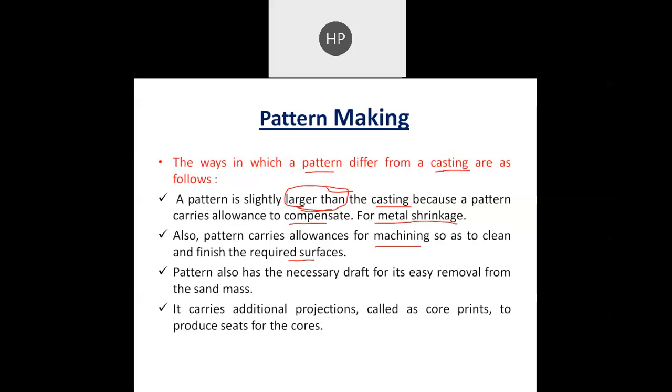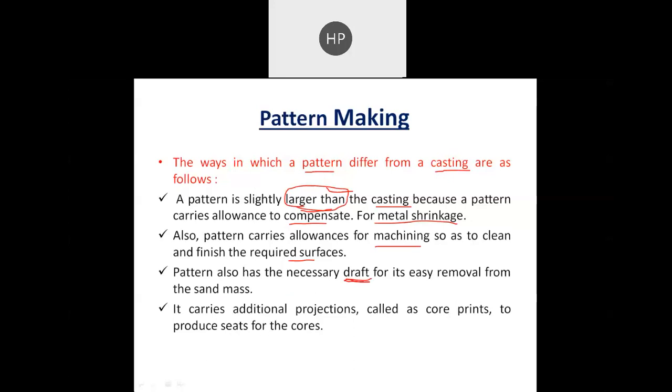Then the pattern also has the necessary draft for easy removal from the sand mass. So what is draft? That we will discuss, but draft is a taper shape so that the pattern can be easily removed from the sand.